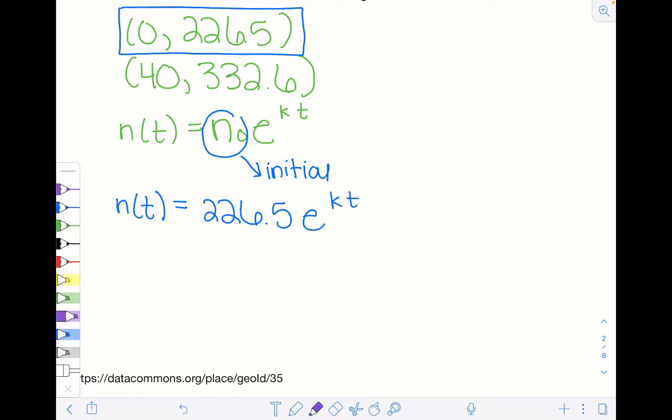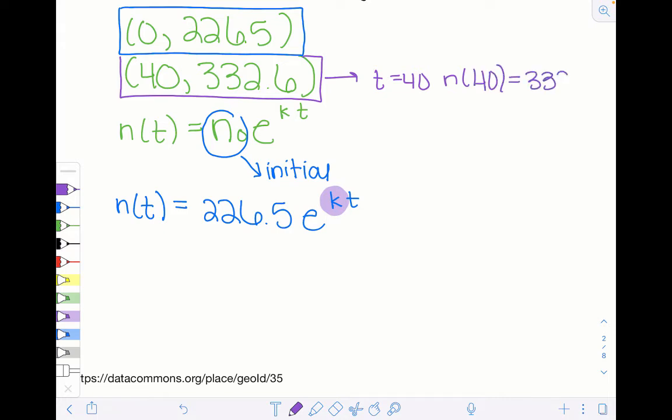Now we need to do a little bit more work to figure out what this k value is, which is our growth rate. To figure that out, we use the other point that we have. Remember, this is t equal to 40, and N(40) is equal to 332.6.